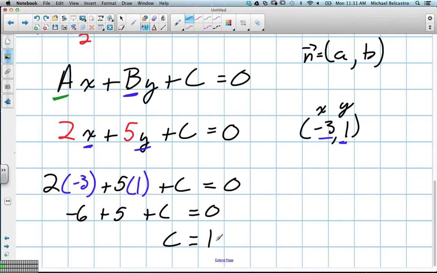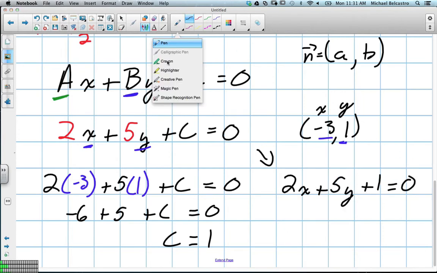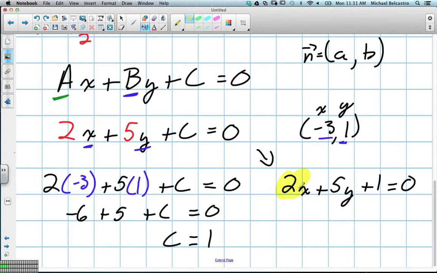Is that right? Yeah? Okay, good. So the Cartesian form of our vector is 2x + 5y + 1 = 0. Okay?